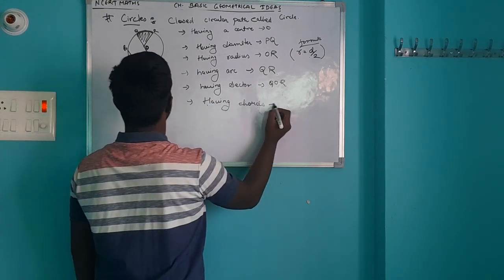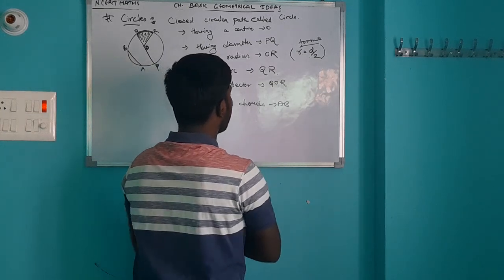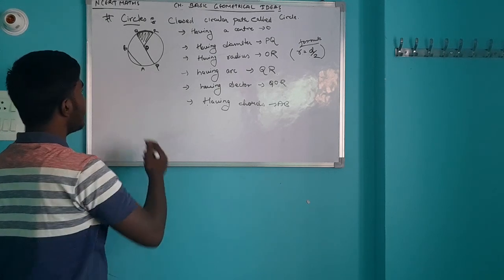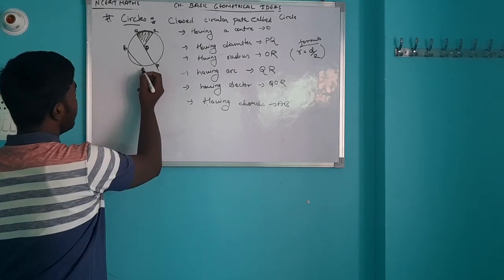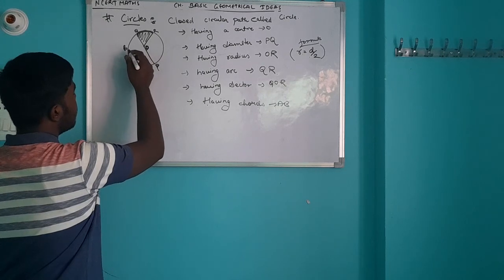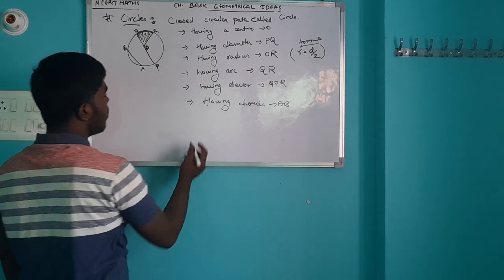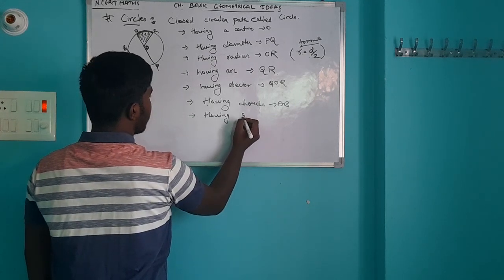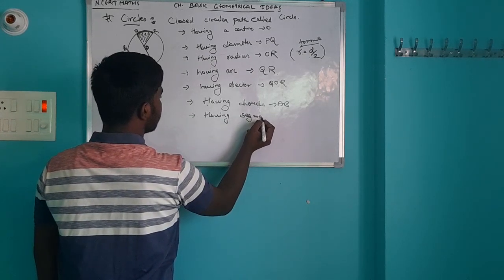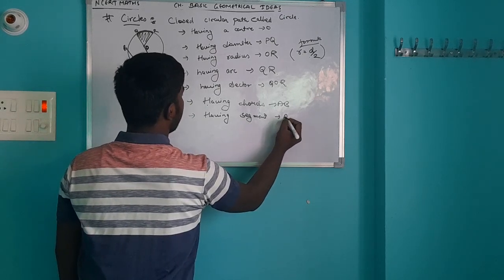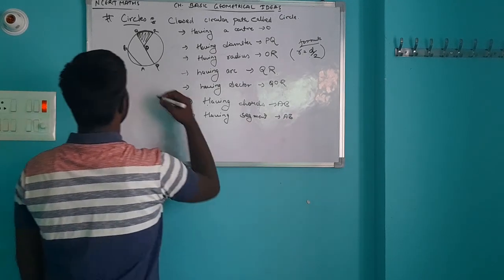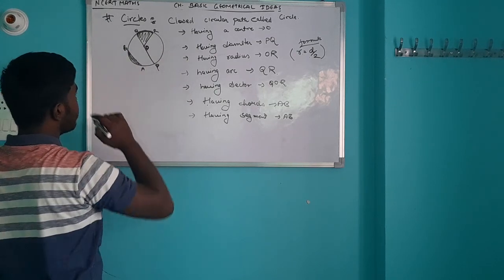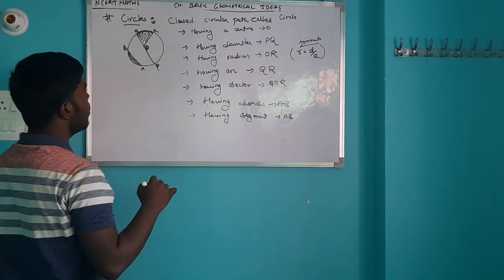The chord will be AB. A chord is basically a line which starts at one point on the circle and goes to another point on the circle. So it is AB. Having segment AB again. The segment is made through a chord, which does not touch the center of the circle.